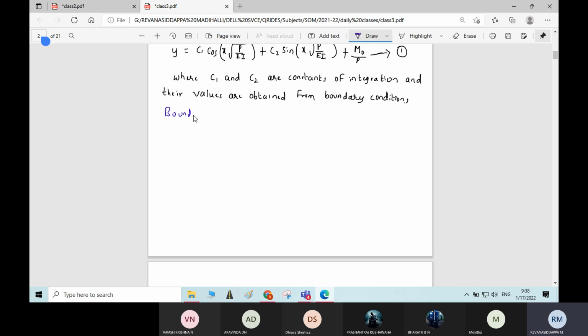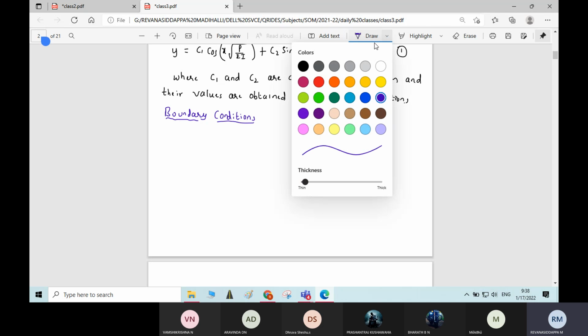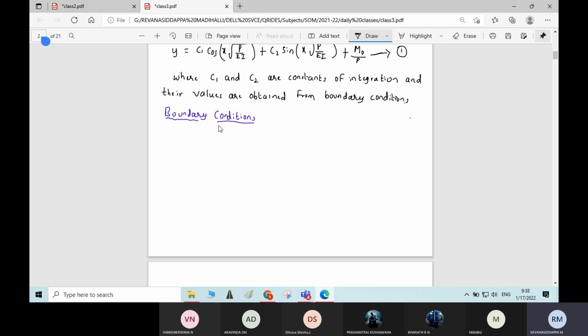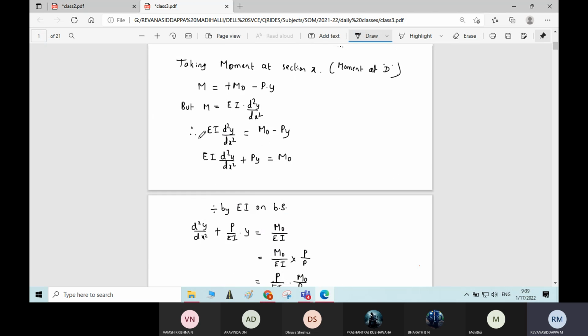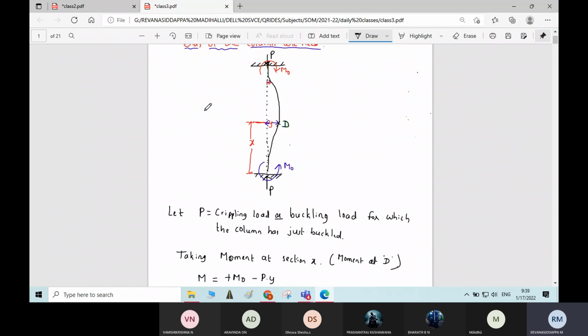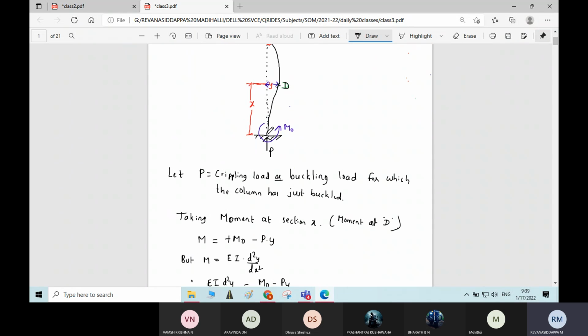This is a very important step, students. Boundary conditions. You will get a few boundary conditions which will help to solve for the constants C1 and C2. The first boundary condition: look into the type of support here at x equal to 0.